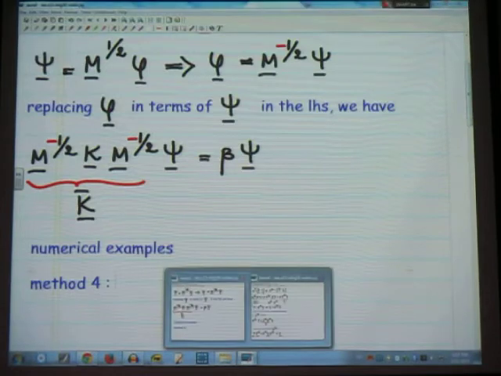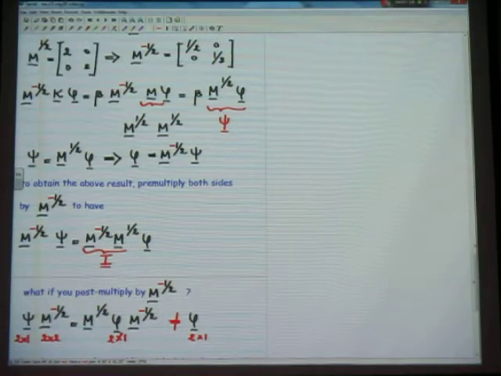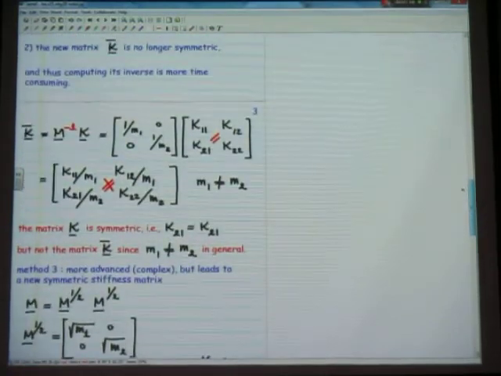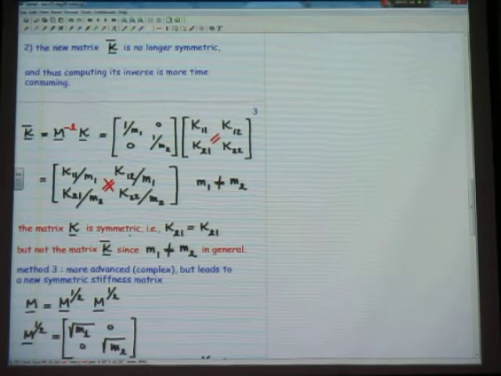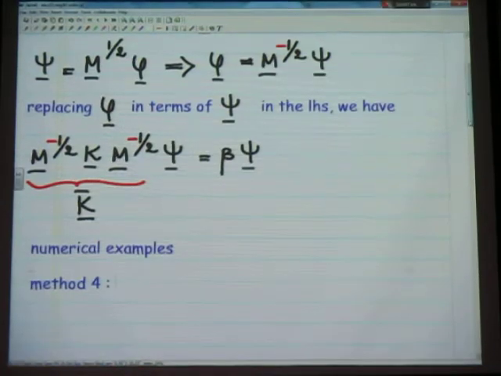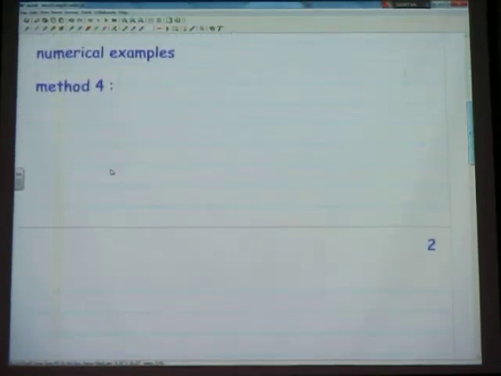It leads to a non-symmetric stiffness matrix, and let's recall that for that method, K bar is M inverse times K. What was M inverse?